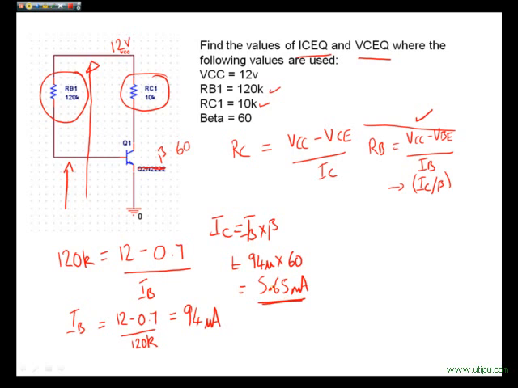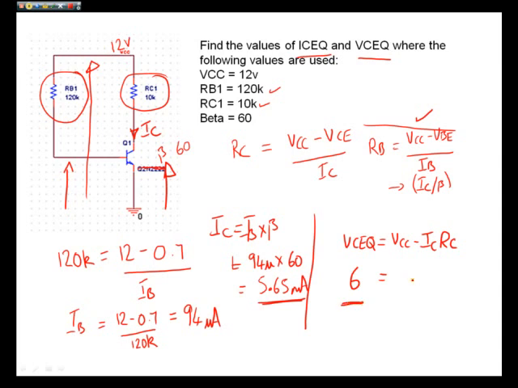So this is how this circuit should work. We now know this current here, IC. So let's do a quick check. Let's now look at 10k. VCEQ, our quiescent operating point up to here, should be equal to VCC minus ICRC.